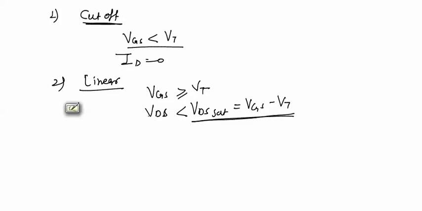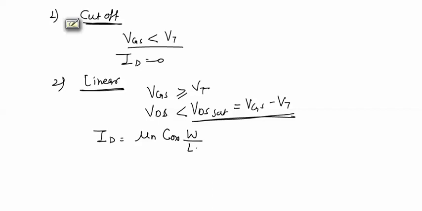So if VDS is less than VGS minus VT, that is VDS sat, the MOSFET will operate in the linear region, and in the linear region, drain current ID is given by ID equal to mu n into C oxide into W by L into (VGS minus VT) into VDS minus VDS square by 2.